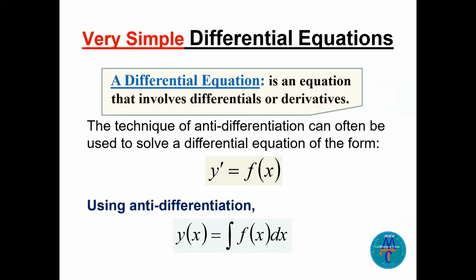Very simple differential equation. What is a differential equation? It is an equation that involves differentials or derivatives. It's like this one here. We have y prime is equal to f of x, and we need y as the solution. So we're using anti-differentiation. Y will be the integral of the function f of x dx.